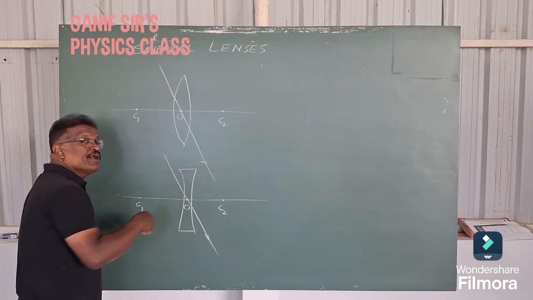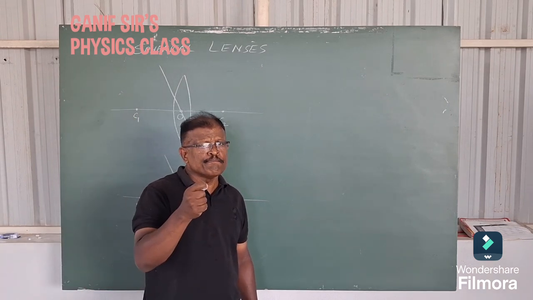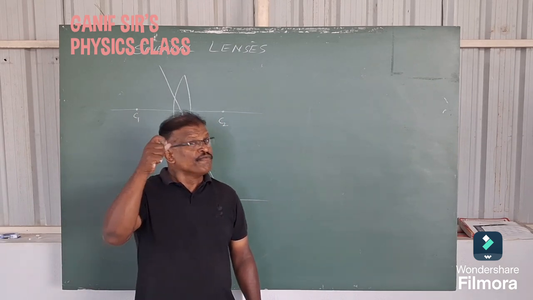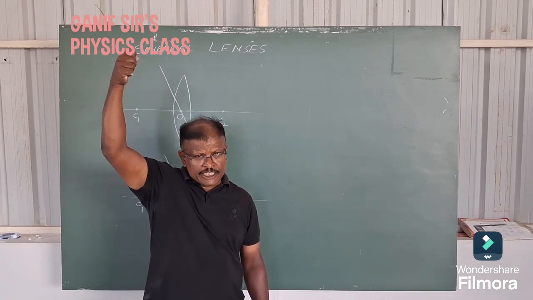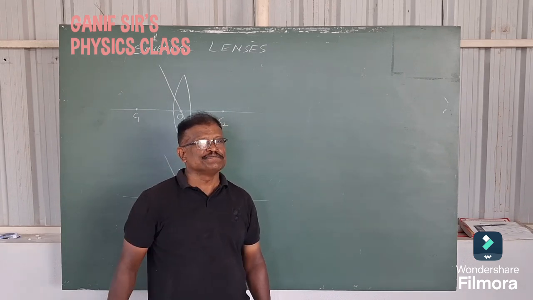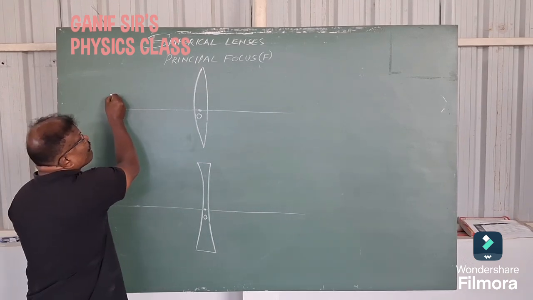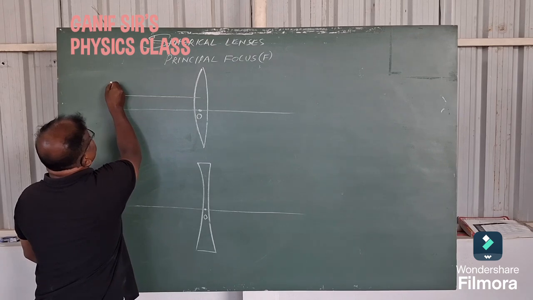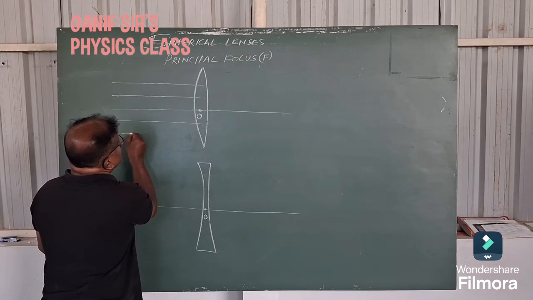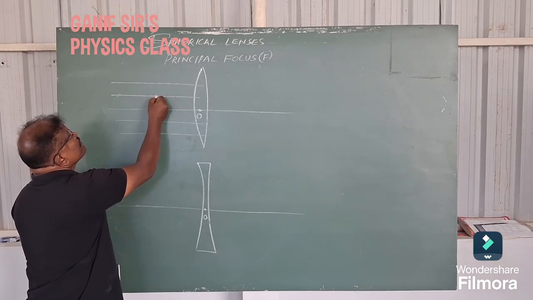So then how can we define the optical center? The optical center is a point on the principal axis within the lens, such that any ray passing through that point will move undeviated. When a narrow parallel beam of light is incident on a convex lens, let's see what happens.